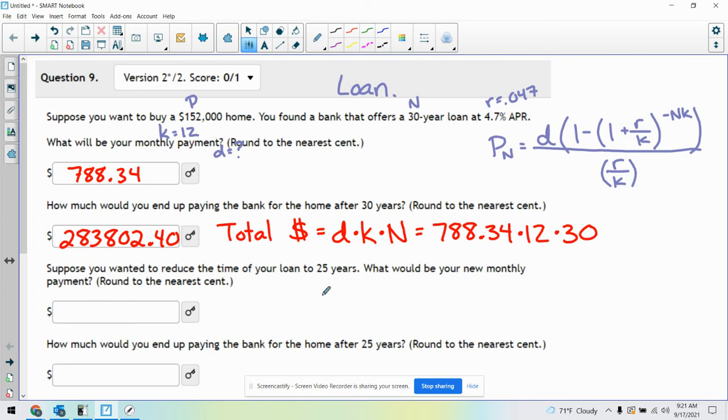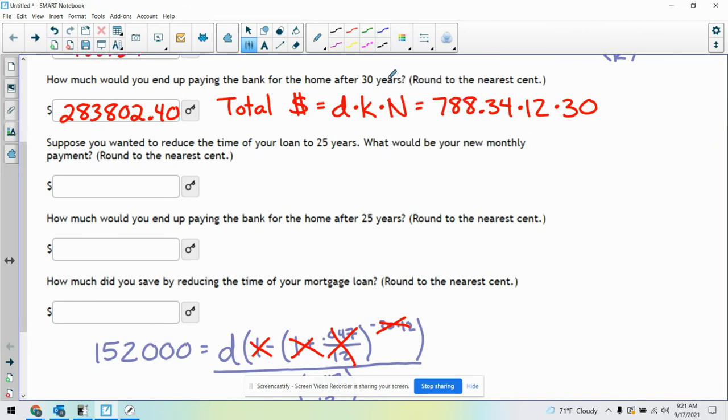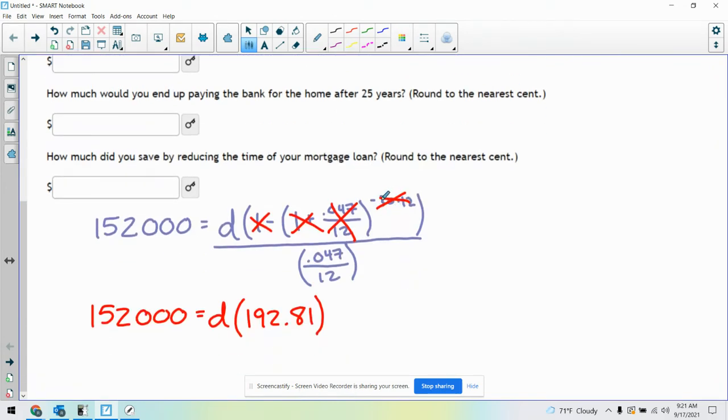Suppose you want to reduce the time of the loan to 25 years. So what will your new monthly payment be? I'm going to just redo what I did in part A, but changing this 30 to 25.